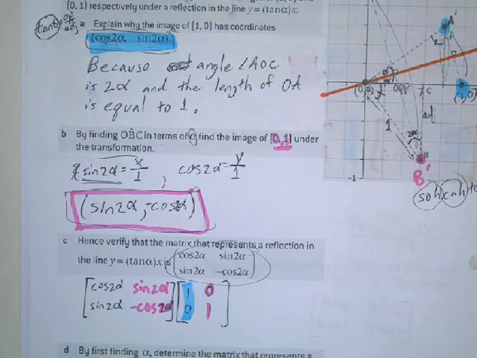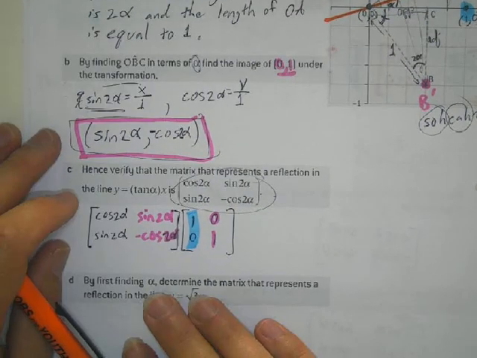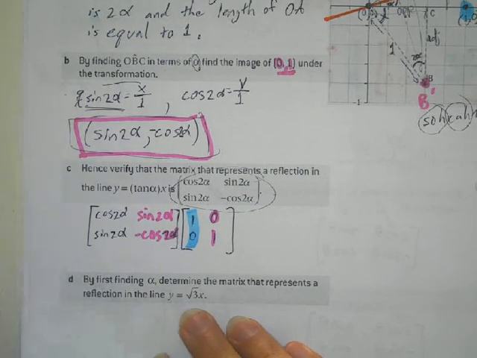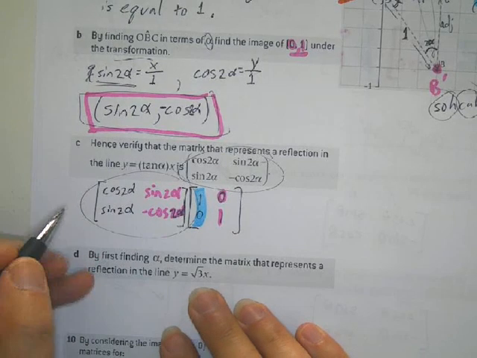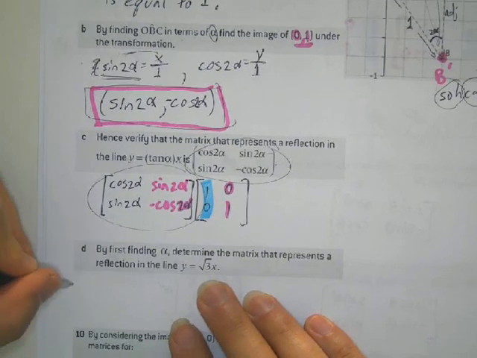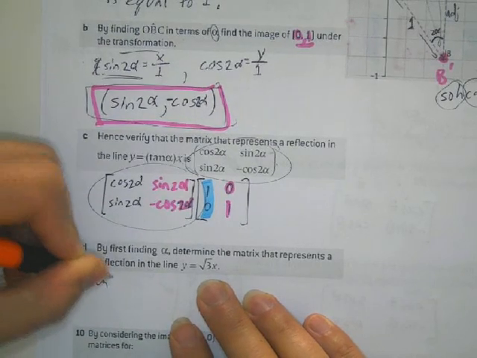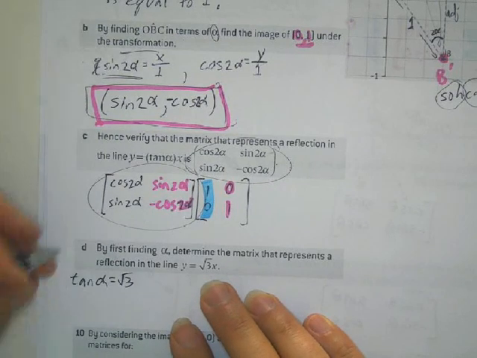Okay. So by first finding alpha, determine the matrix of the reflection around this line. So we want to find the transformation in terms of this. From this example here, they're saying tangent alpha equals square root of 3. So now we need to find alpha.